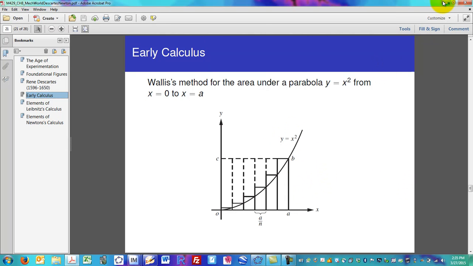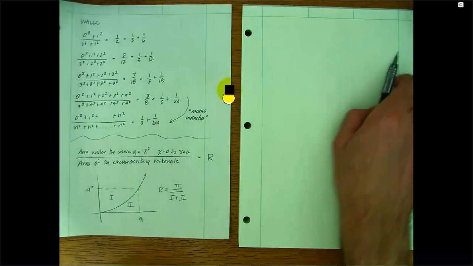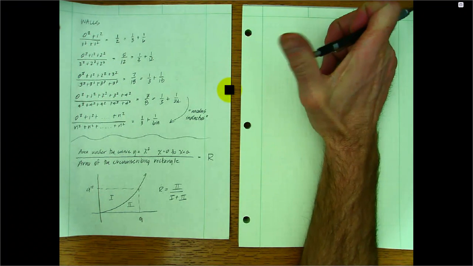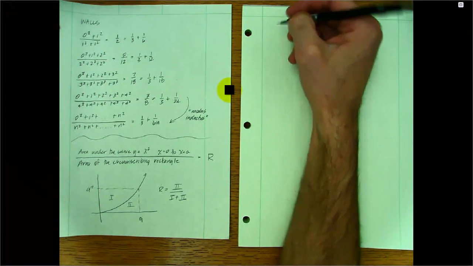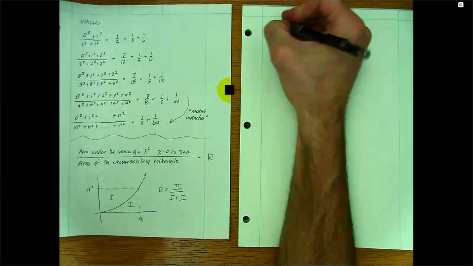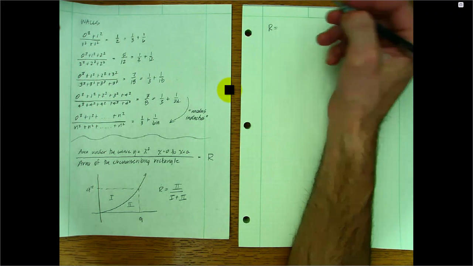So let's go ahead and see if we can make a little bit of sense of how that is related to Wallis's, I guess, series of fractions here, fractional expansion. So let's think about how this works. If we're looking for R, and we're talking about on top a sum of a whole bunch of rectangle areas.